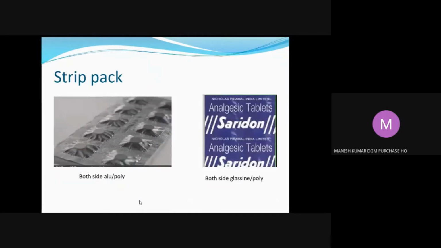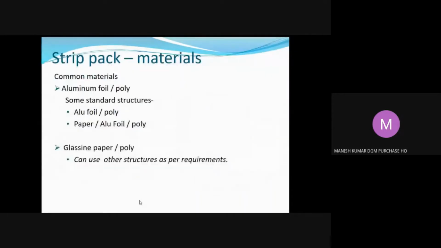So the basic pack is the strip pack you might have seen in the market. It's a strip packaging. On both sides is aluminum and poly, and there is a strip pack available in paper poly also. Everybody might have seen it. The common structures we use are aluminum poly and aluminum paper poly.